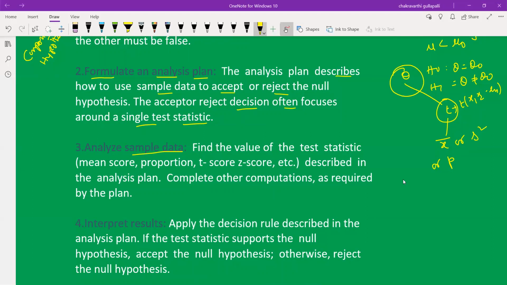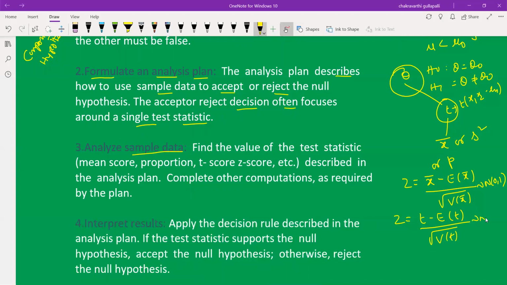For example, here the Z score formula: x bar minus E of x bar, divided by the square root of variance of x bar. X bar follows a normal distribution. This is based on one normal population. In the general case, t is a function of statistics: t minus expectation of t, divided by the square root of variance of t.